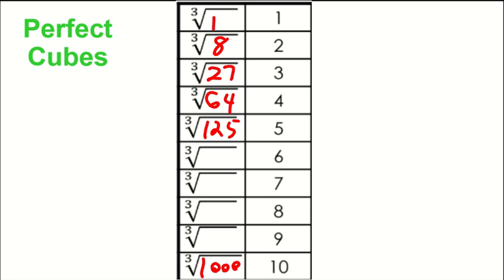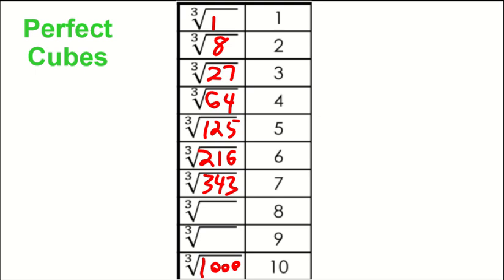How about the 6? Nevaeh? 216 is correct. The 7. Ethan? 343 is correct. 8.